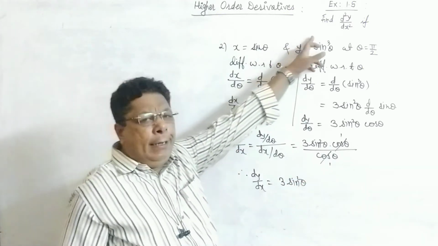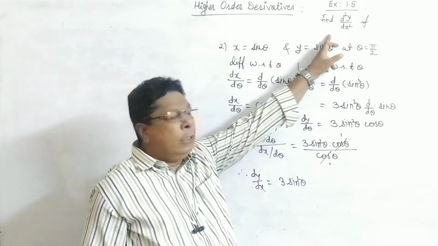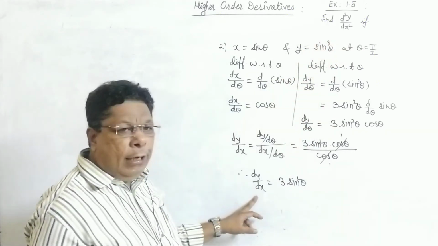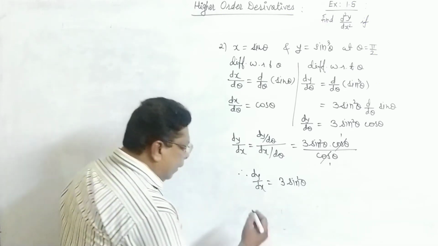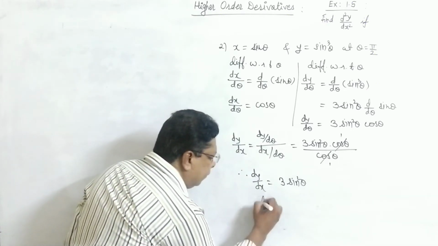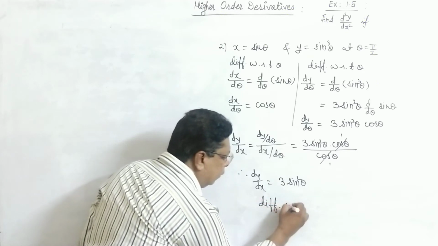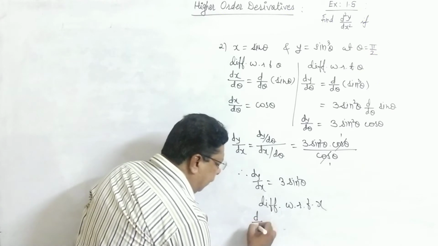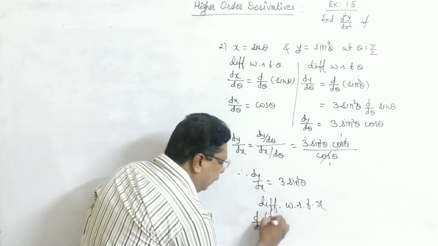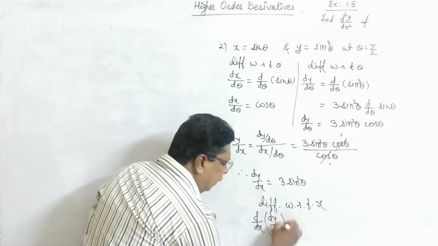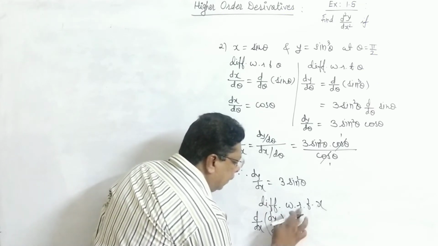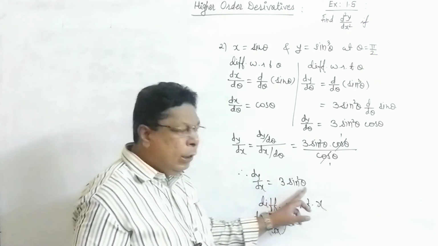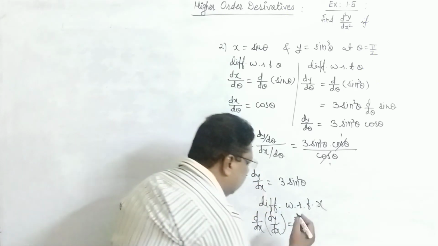But we have to find d square y by dx square, which is the second order derivative of y with respect to x. So again differentiate this function with respect to x. So d by dx of dy by dx is equal to 3 into d by dx of sin square theta, taking 3 outside because 3 is a constant multiple of the function sin square theta.